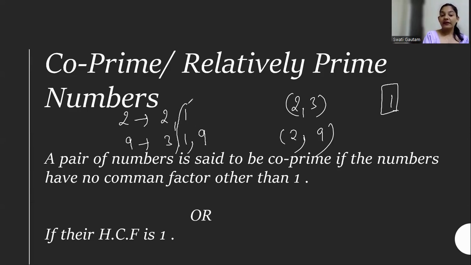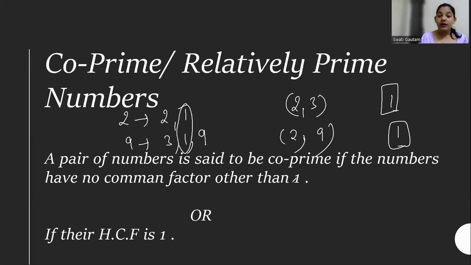So which is the common factor? 1 is the common factor again. So in a pair of co-prime numbers, maybe one is not prime, or maybe both are prime. Please remember this. The HCF, the highest common factor, of both numbers is 1.